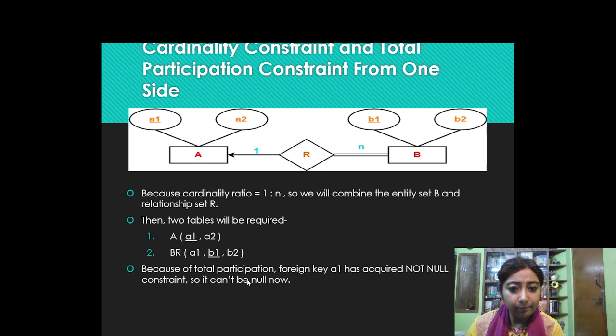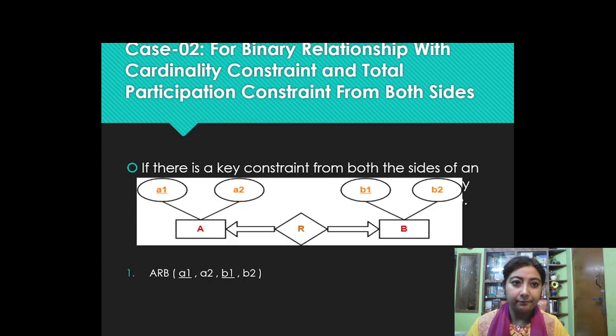Because of the total participation, the foreign key A1 has acquired a not null constraint, so it cannot be null now, because B is fully dependent on A. So this much for now, and these are the total 6 rules of the mapping.